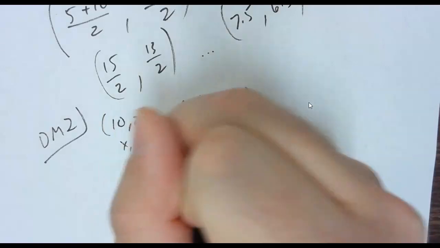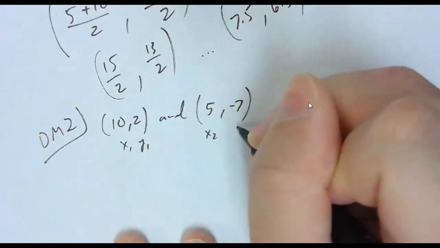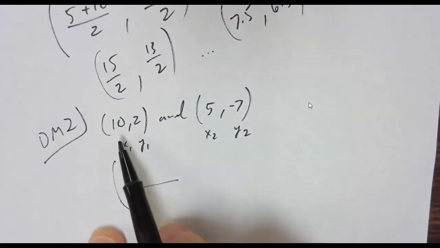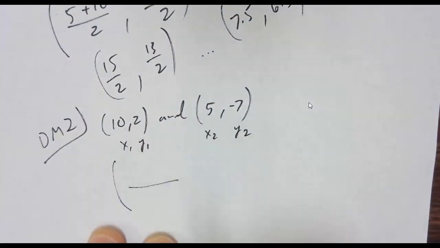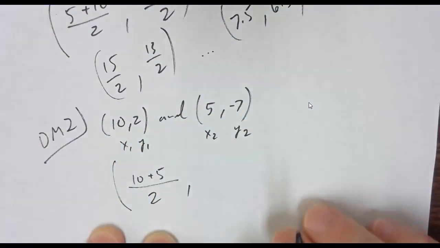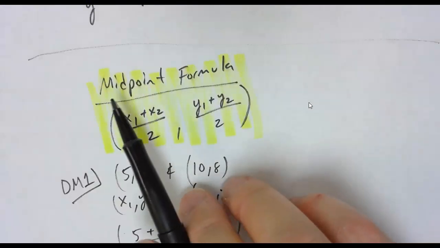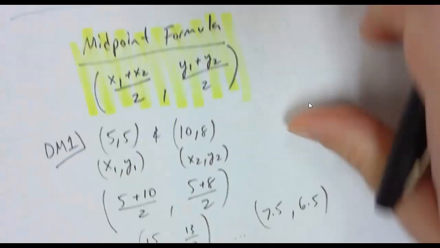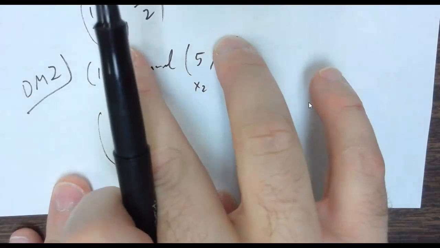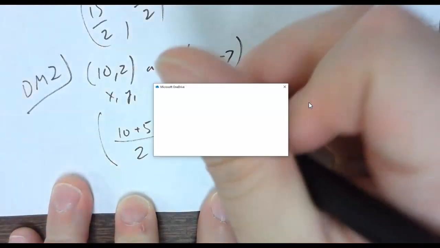Label them X1 and Y1. Label it X2 and Y2. Then try it out. What are our X's? 10 and 5 add up to. You know, it's just from the formula. Add your X's up, divide by 2. Add your Y's up. This one's a little bit weird. 2 and minus 7.